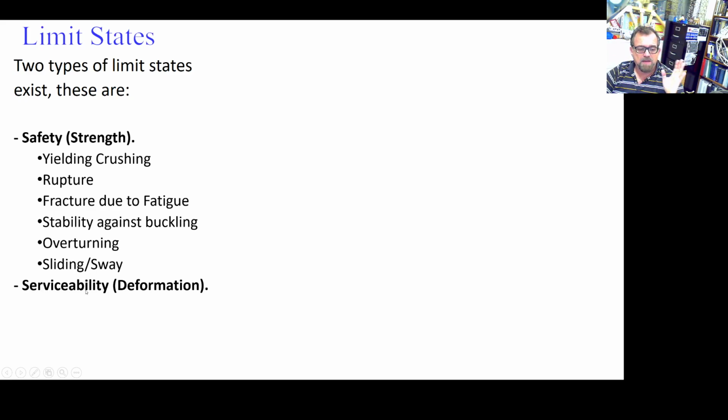Now you have another type of limit state which is called serviceability, and it's not only deformation. I define this more from the point of view of comfort, psychological and physical comfort for the structure. Some of them are, for example, deflection. Is deflection an issue? Well, it depends on how much the deflection is. There are parameters for the deflection to be safe, and there are other parameters for deflection just to be there. Oh yeah, the structure is deflected, so what? But is it strong enough to keep everything that I need to?